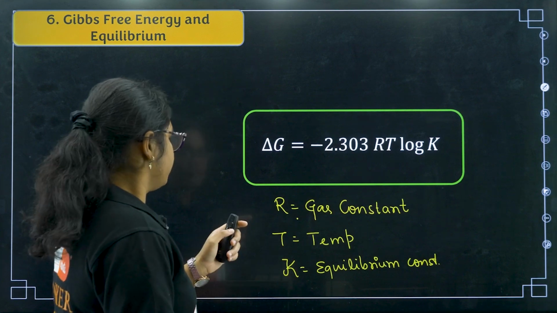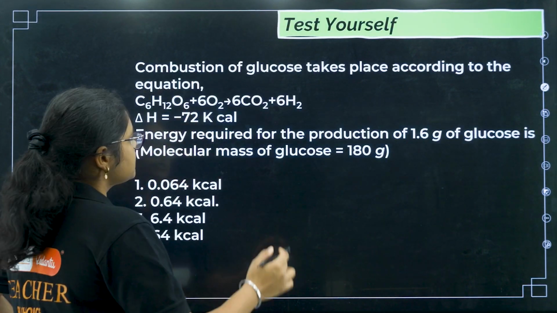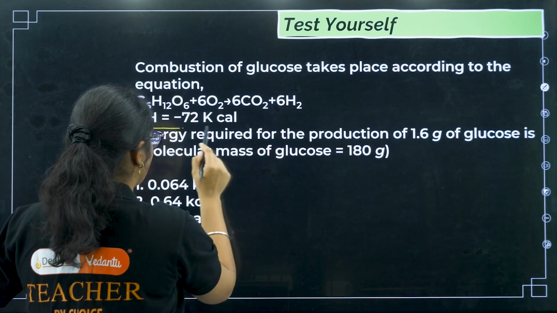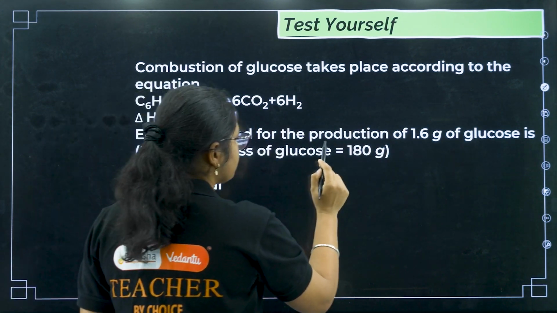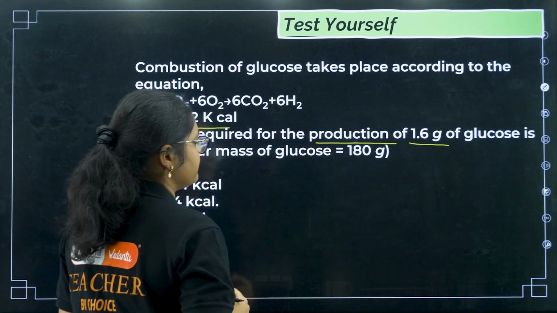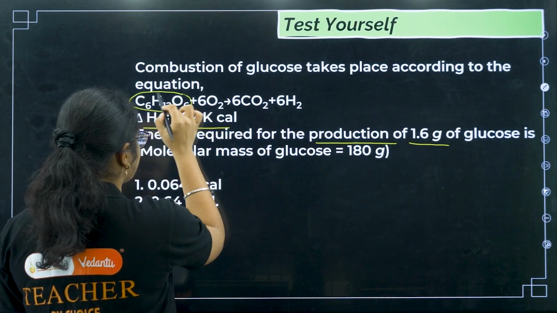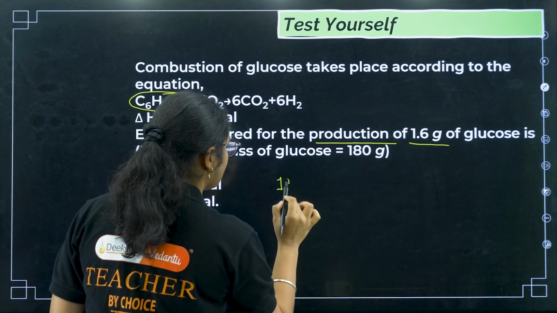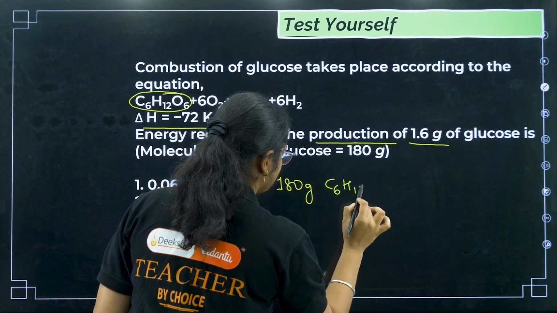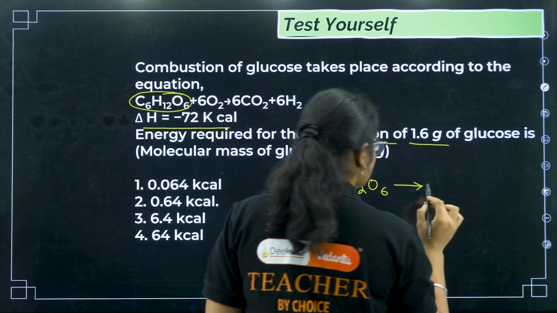Okay, fine. Now coming to some questions. Combustion of glucose takes place according to the equation given, and the delta H value is given. The energy required for the production of 1.6 gram of glucose is? Now see, 1 mole of glucose means 180 gram of glucose. When 180 gram of glucose burns, 72 kilocalorie of energy is produced.